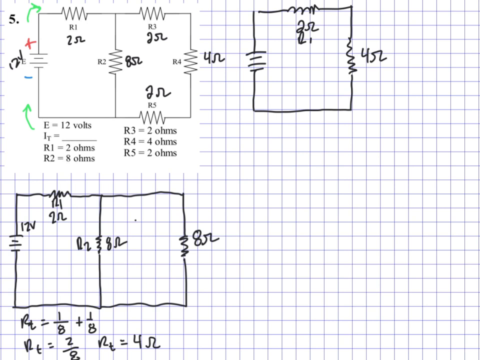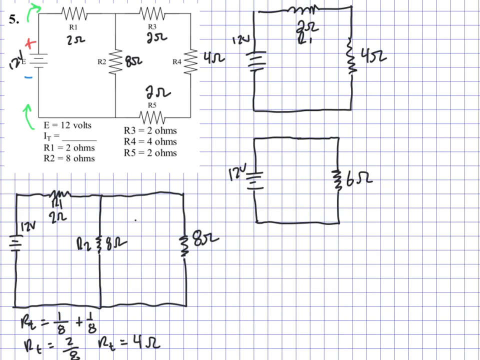So now we know in here we got 12 volts. This thing actually becomes what? Well, the circuit really looks like this now, which is kind of cool when you start doing it. So you've got 6 ohms, and then this comes back here. Now look how simplified we've made that from 12 volts.